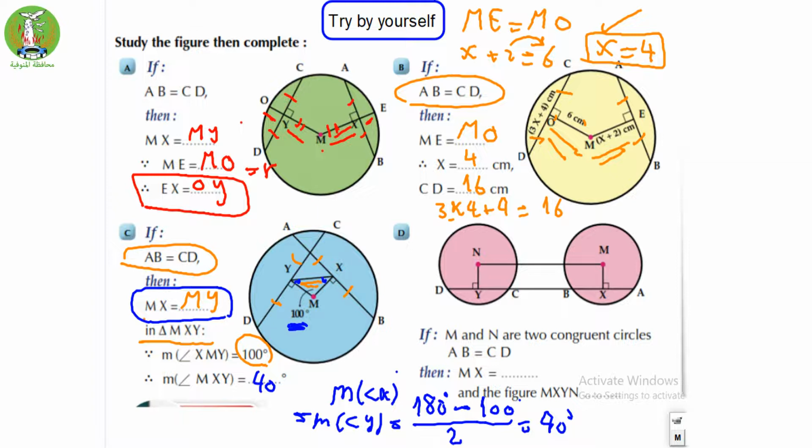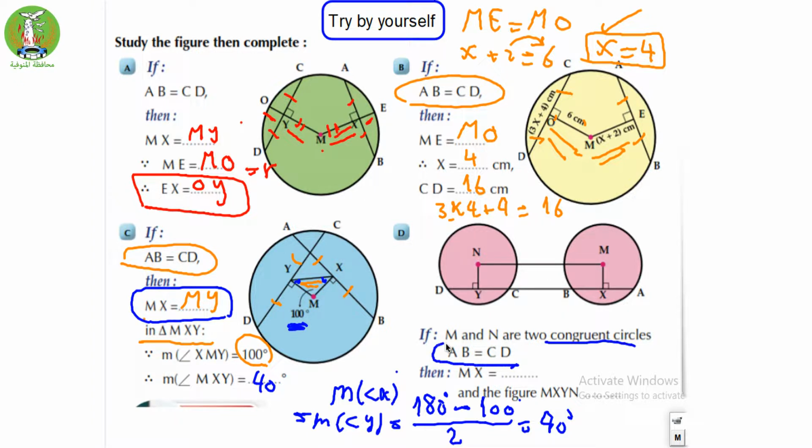The fourth one, two circles are congruent. And we studied before, if the two circles are congruent and the lengths of two chords are equal, then the two distances are equal.